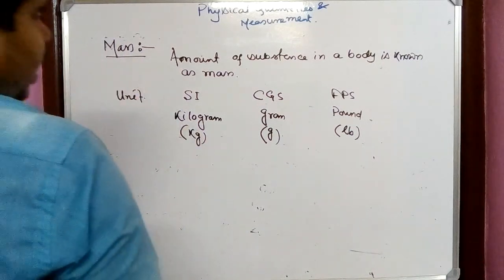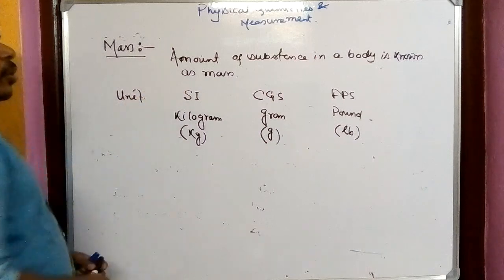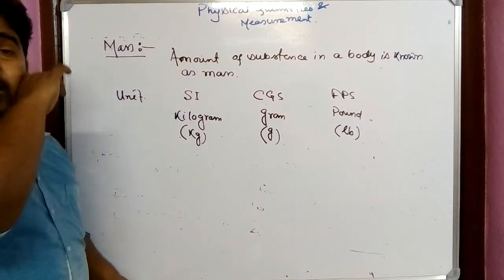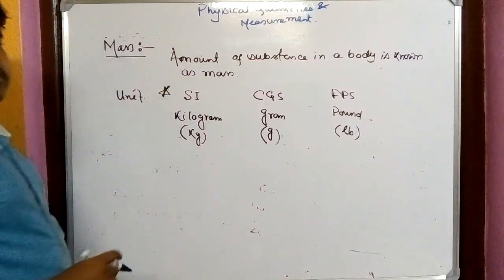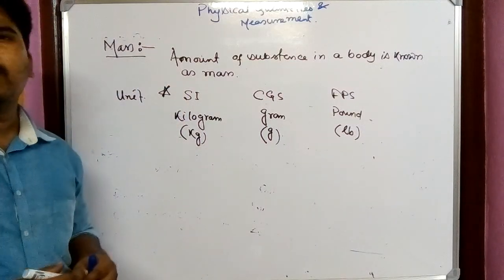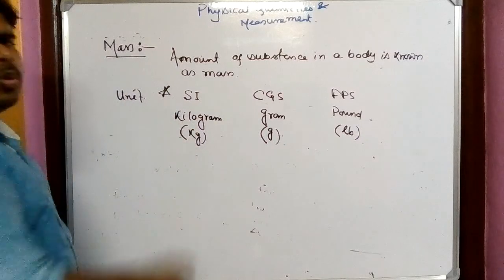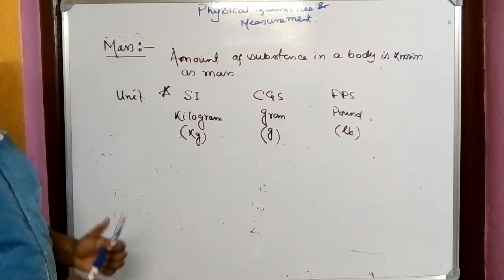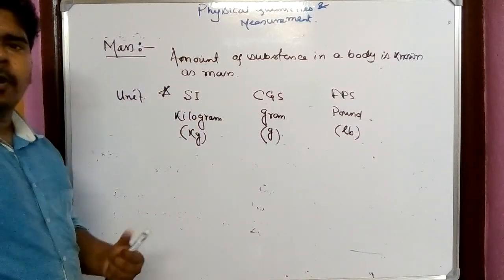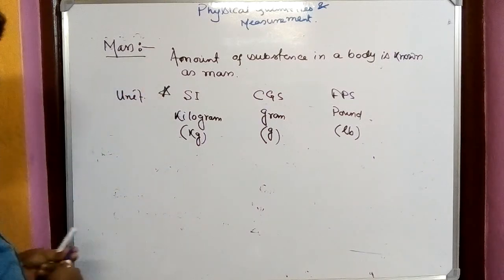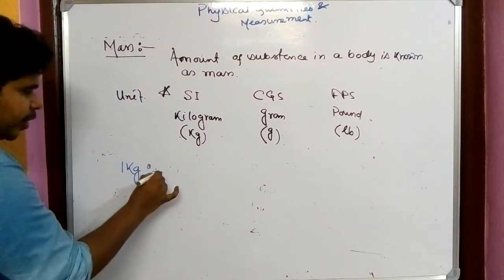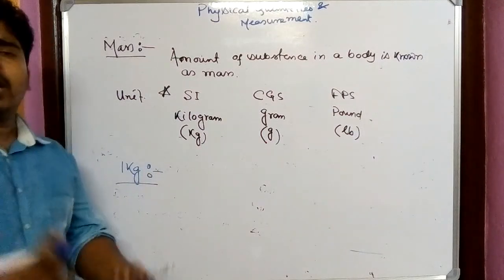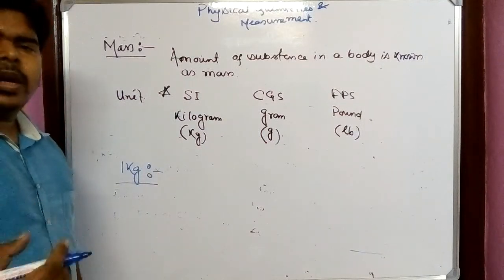Now, as I have told earlier, the SI unit is kilogram, so we more often get the value of mass in kilogram. So what is 1 kg? We have defined 1 meter, so now we have to define 1 kg. How much mass should be taken as 1 kg?